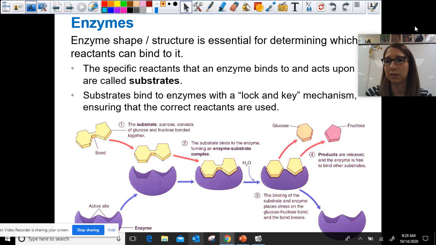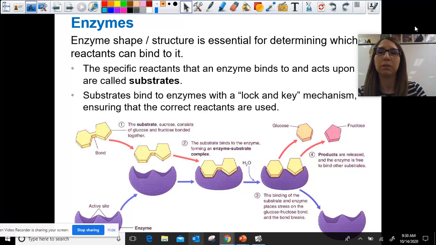Those link together with peptide bonds, and then they fold and form these unique structures. We saw that with hemoglobin, with all the different polypeptide chains that interact and fold and twist. So enzyme shape is designed to accommodate specific reactants and products, which means that an enzyme can't just catalyze any random chemical reaction. It's specific for one type.